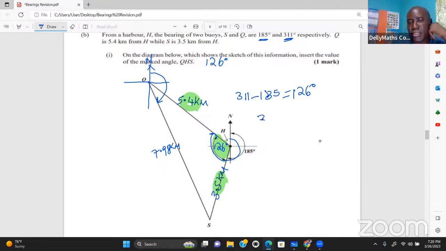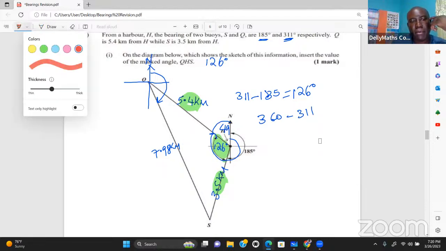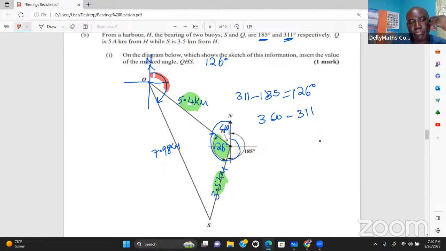Because if I say 360 minus 311, I'm going to get 49 degrees to be here. Why am I using 49 here? Because co-interior would suggest to me that this angle here and 49 here, they are co-interior. So I could find that angle and I would have part of the bearing.